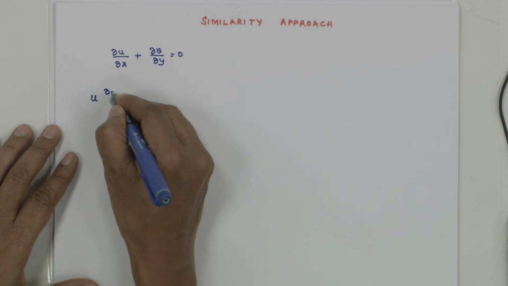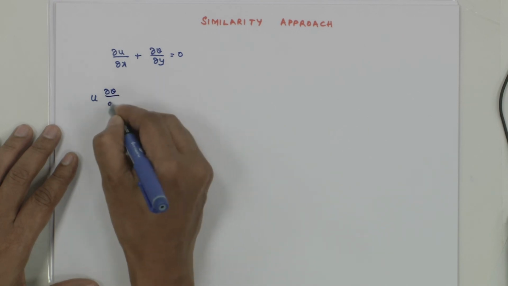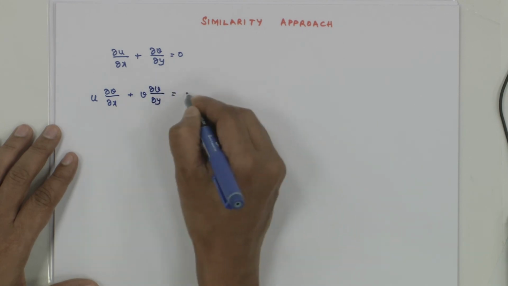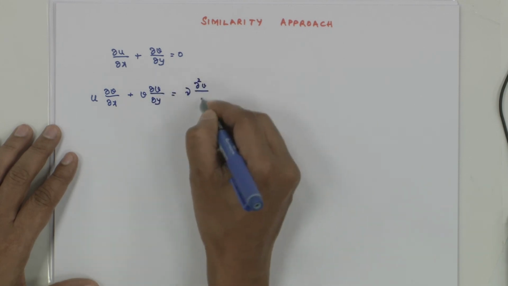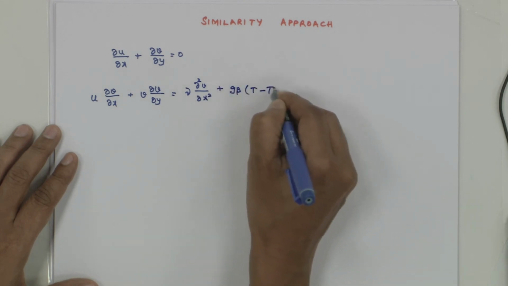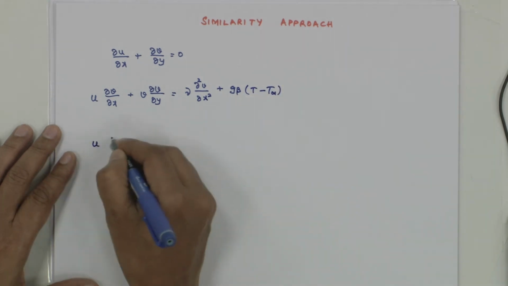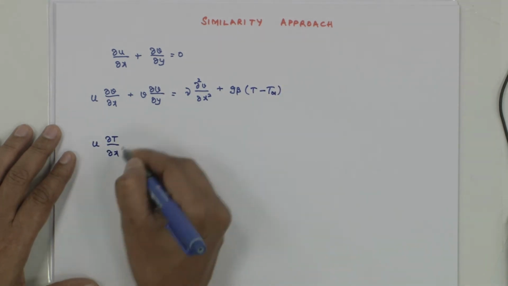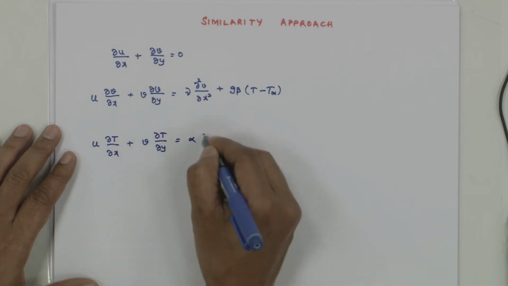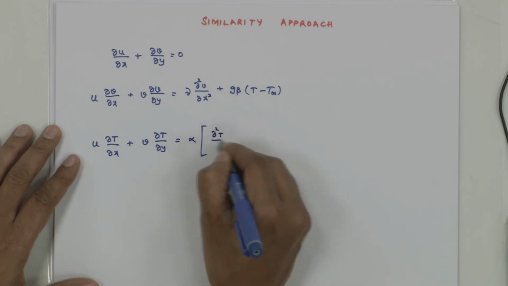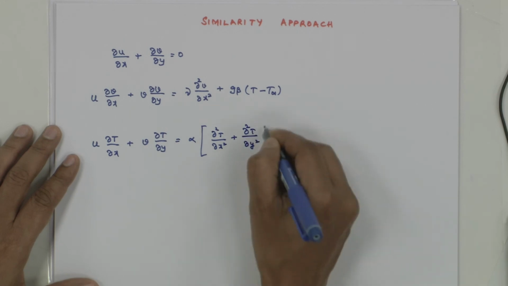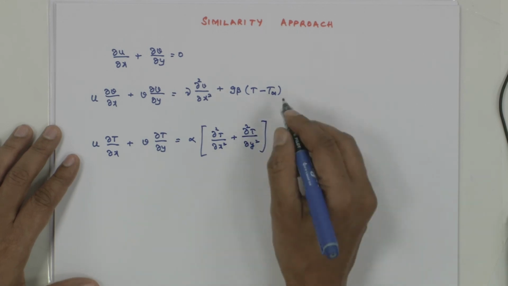The boundary layer equation only I am taking: u del v by del x plus v del v by del y equals nu del squared v by del x squared plus g beta (T minus T infinity). And my energy equation: u del T by del x plus v del T by del y equals alpha times del squared T by del x squared plus del squared T by del y squared. Of course, I can neglect this, actually this term can be neglected.